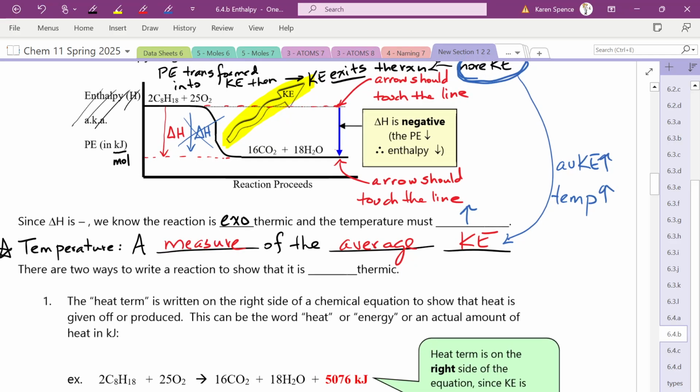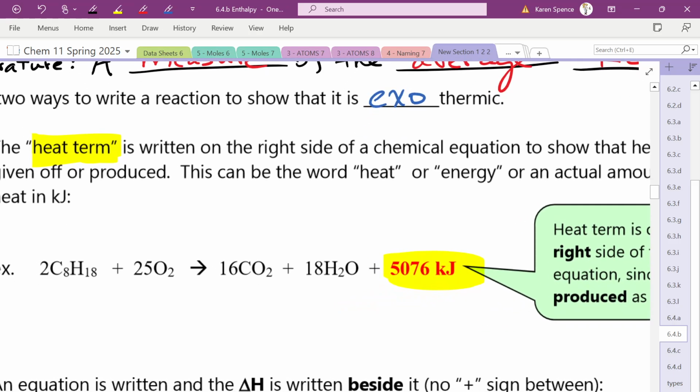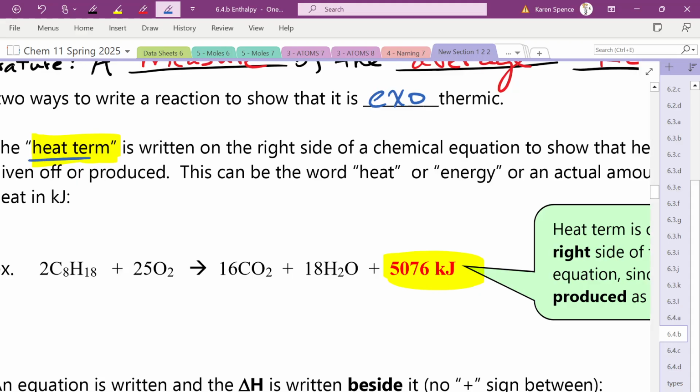There are two ways to write a reaction to show that it is exothermic. One way is to place the heat term on the right-hand side. So you can place the heat term on the right side of the equation in the products.